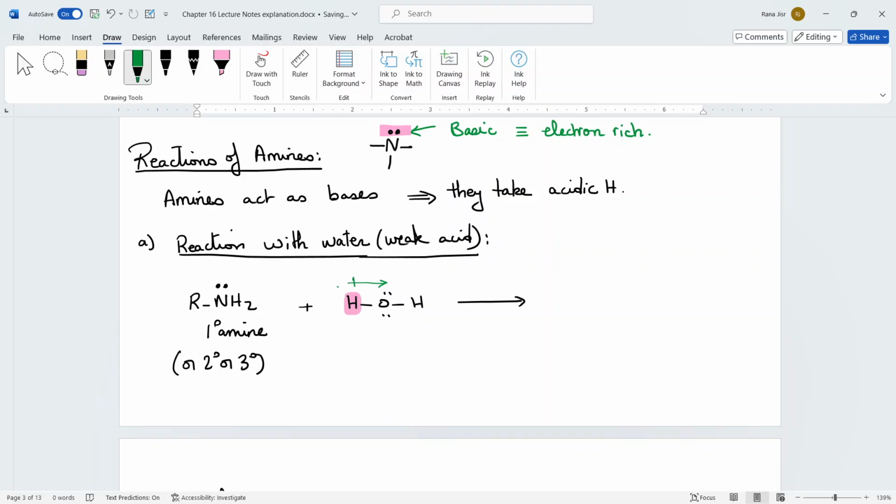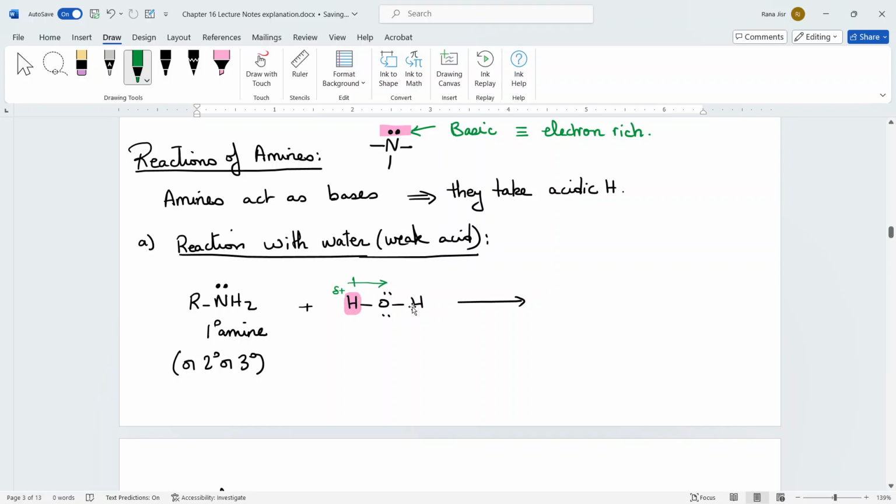And we represent the electron deficiency by a positive sign. This means that this hydrogen needs electrons. By definition, an acid needs to have a hydrogen that needs electrons.